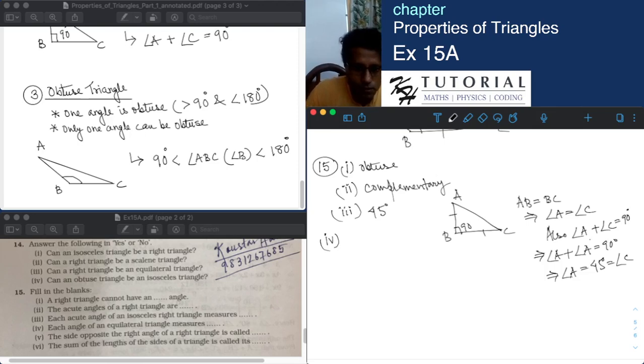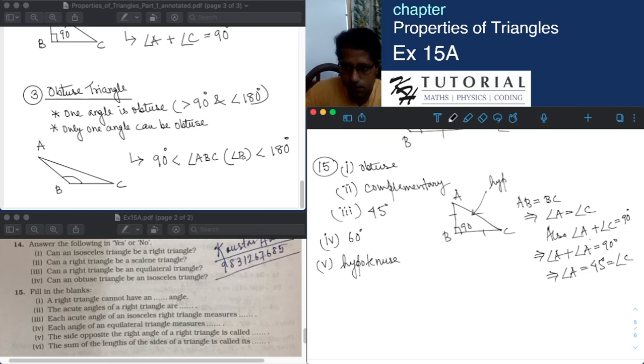Part 4. Each angle of an equilateral triangle measures 60 degrees, which we have already discussed earlier. Part 5. The side opposite the right angle of a right triangle is called the hypotenuse. So this side is the hypotenuse.